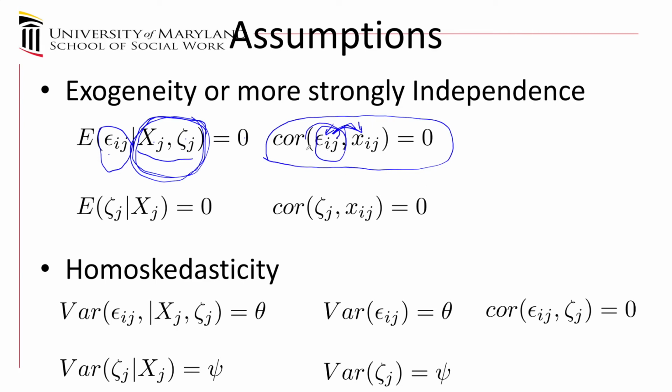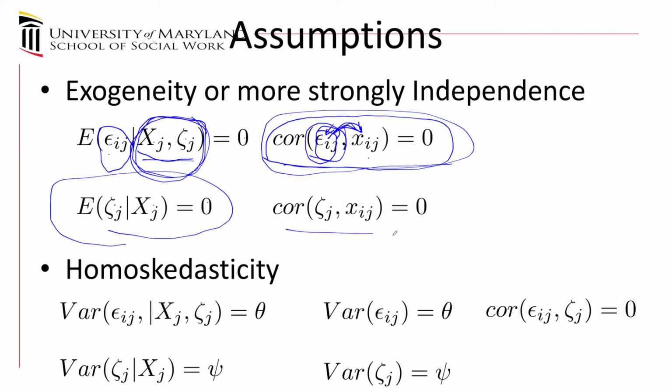If there's still correlation between the epsilons, then that's a problem. If there's still correlation between the epsilons and the x's after conditioning on these, then that's a problem. We are assuming that this correlation is equal to 0. Likewise, we assume that the expected value of the zetas conditioned on the x's is also 0, and that the zetas are not correlated with the x's.